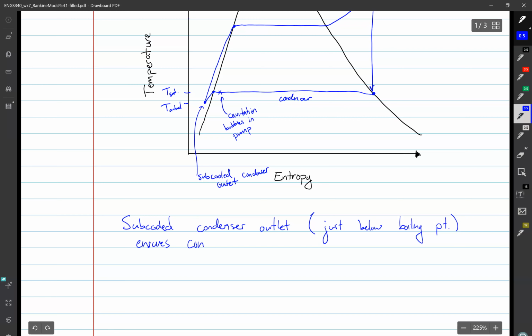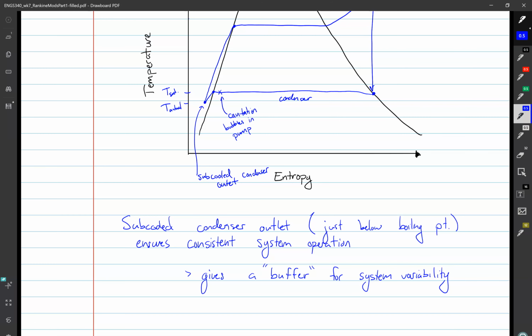I guess the best way to put it is it ensures consistent system operation. It gives us kind of a buffer, if you want to think of it that way, for system variability.